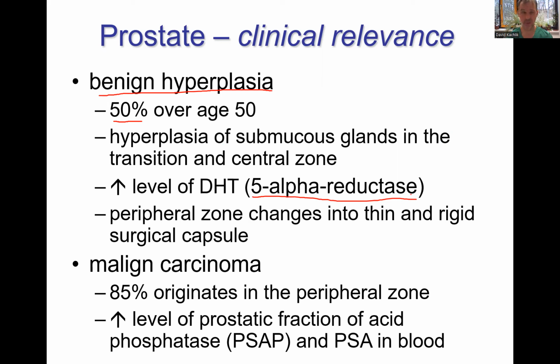And what happens when these two layers are larger and larger? It firstly closes the urethra, so it reduces its lumen, and it produces retention of urine and problems with voiding of urine. And it also compresses the peripheral zone to the sides, and the peripheral zone and the fibromuscular stroma in it then form a very tough capsule, which is called a surgical capsule. So you know what the anatomical capsule is?